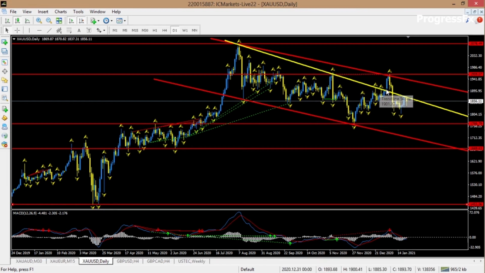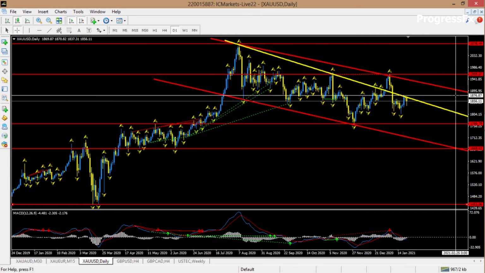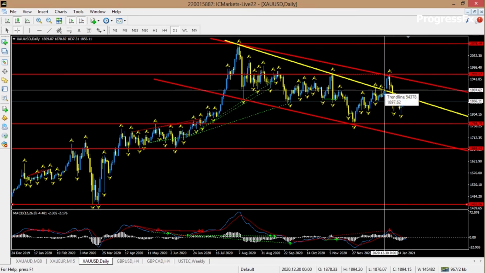Now, when you look at this line, this is the initial trend line. The market price broke this line from here, at this point where you see the cursor.